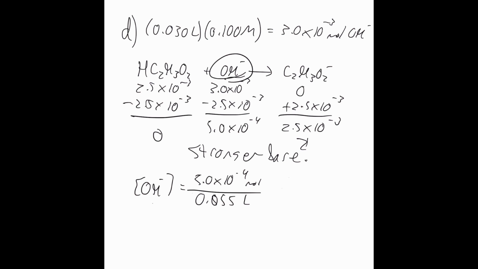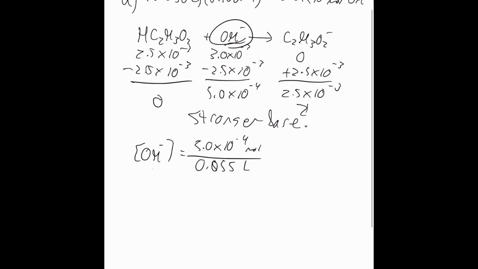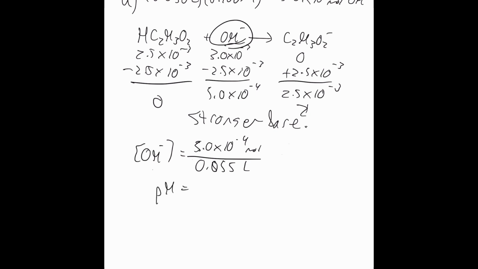That would give us our concentration, which is the same as what we did when we did the strong acid, strong base. And so our pH at this point is 11.96. Once we plug that in, it says 14 plus the log of our OH minus concentration, which gives us a pH of 11.96.